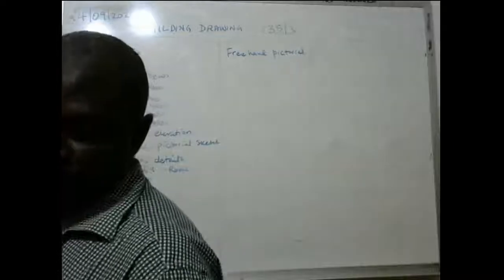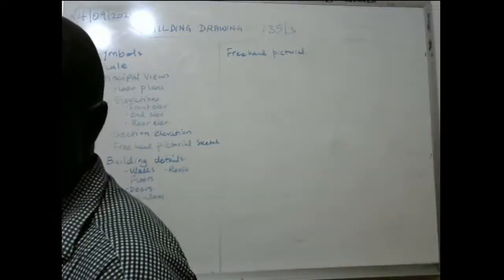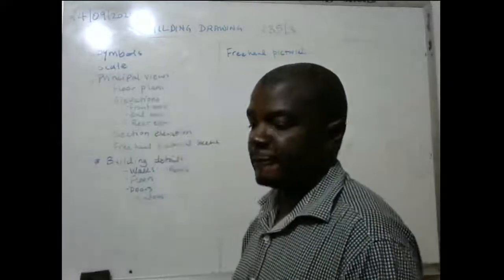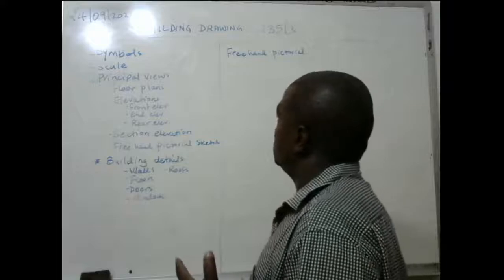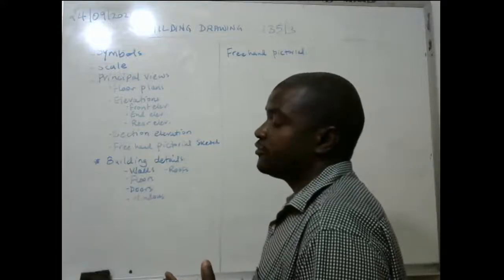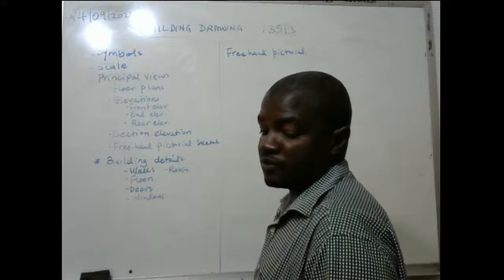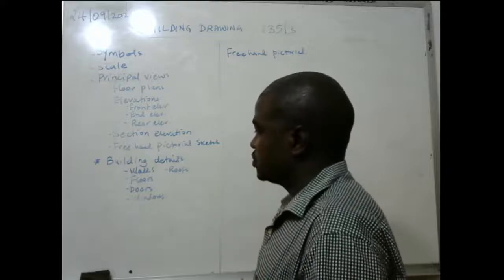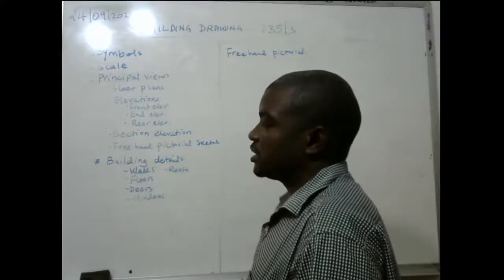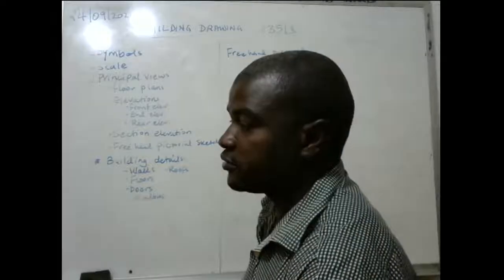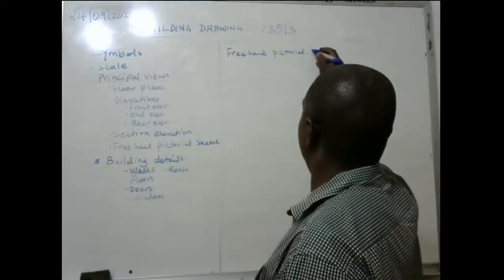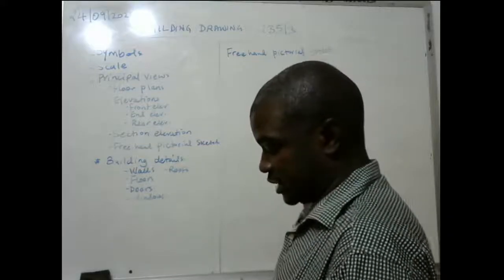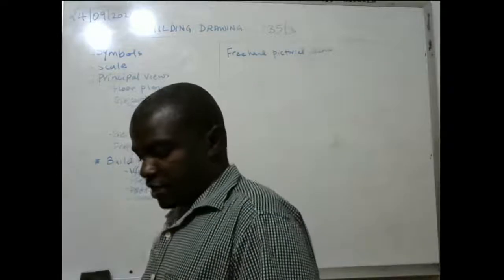The freehand pictorial is one of the principal views in building drawing, and it is derived from the floor plan. Once you have the floor plan, then you can derive it and be in position to work it out. But like the name suggests, it is a freehand pictorial sketch.